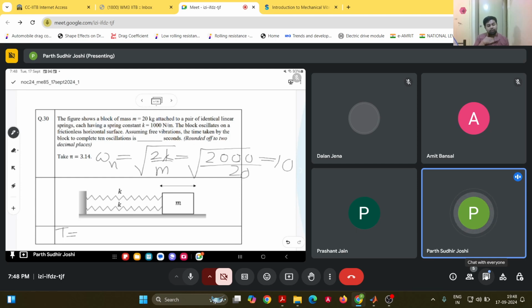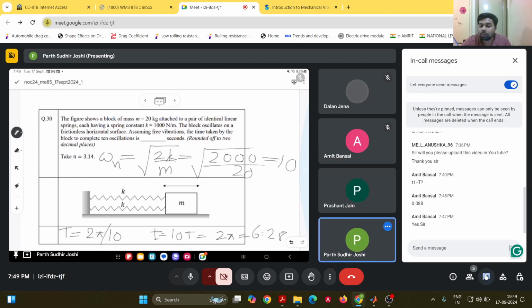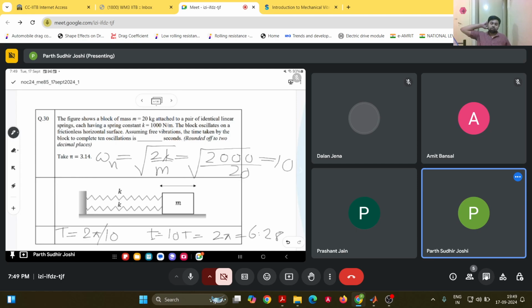So the time period will be 2 pi by 10, and the time required for 10 oscillations is 10 time periods. So it is the same as 2 pi, which is 6.28. That makes sense?